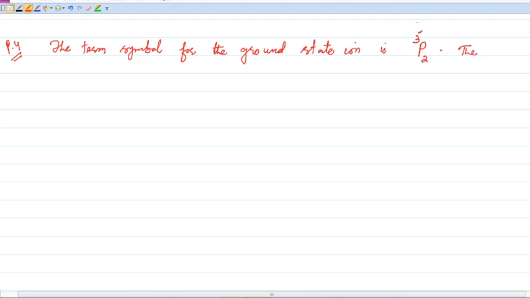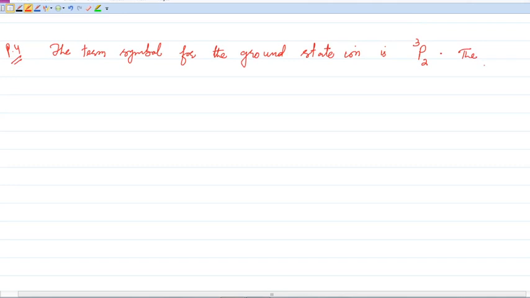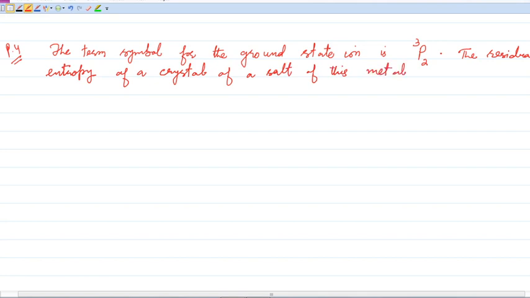So the residual entropy of a crystal of a salt of this metal ion at 0 degree Kelvin, or simply 0 Kelvin.